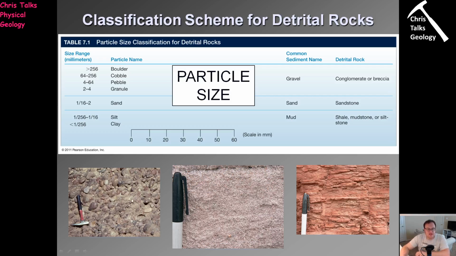Okay, so once again, just to drive this point home, we've already seen something similar to this, but let's just quickly look at it. We do of course have our clast sizes: clay, silt, sand, granule and pebble are referred to by me as gravel, cobble and boulder. So we have clay, silt, sand, gravel, cobble, boulder.